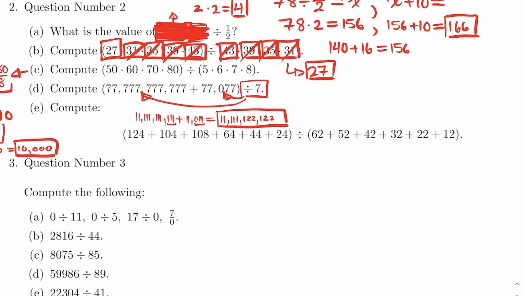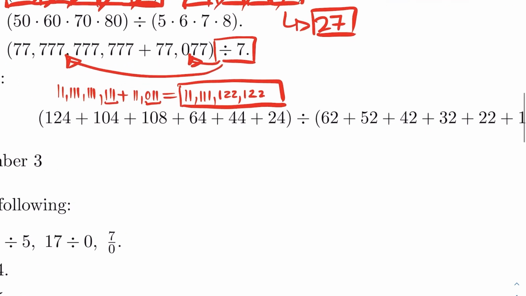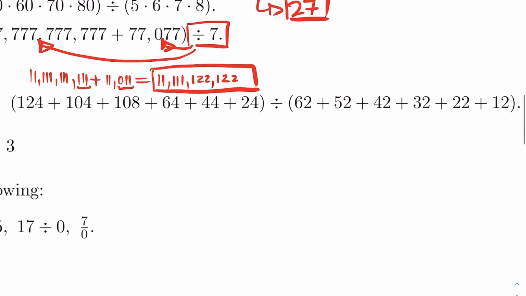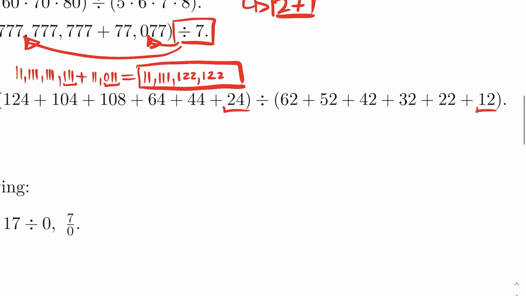So, E, compute 124 plus 104 plus 108 plus 64 plus 44 plus 24 divided by 62 plus 52 plus 42 plus 32 plus 22 plus 12. So something we can notice very quickly here is we have 24 and 12. Well, 12 is half of 24. 44 and 22, well, 22 is half of 44.